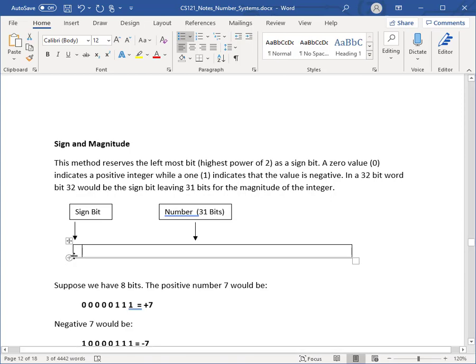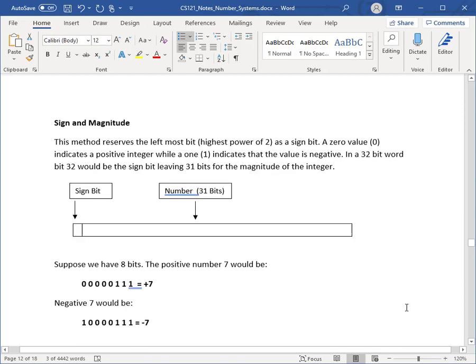We have designated this highest-order bit as a special flag meaning either a positive or a negative number. If it's 0, the rest of the word, the remaining 31 bits, is a positive number, and if it's a 1, the other 31 bits form a negative number.